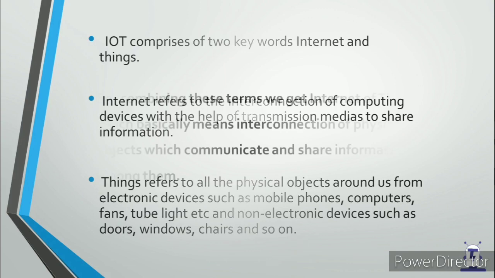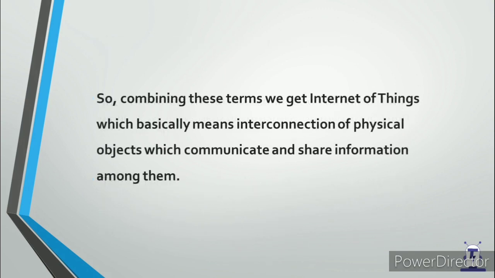So, combining these two terms, we get Internet of Things, which basically means interconnection of physical objects which communicate and share information among them. This can be possible without the use of internet on a basic level, but internet gives us an extra edge by making the devices communicate without any hindrances from physical boundaries.